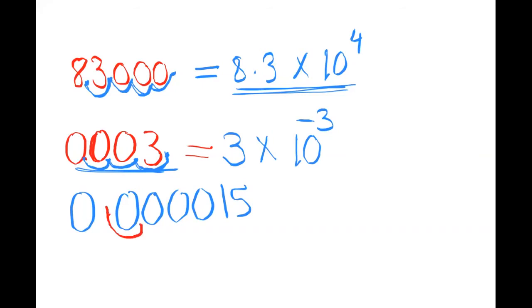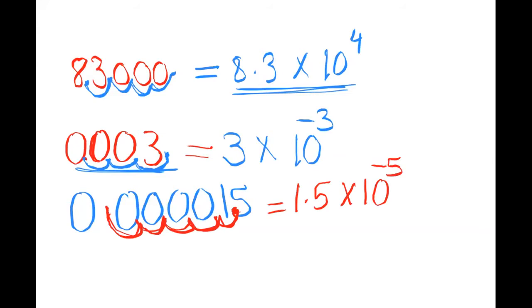So still smaller than 1, and here still smaller than 1, here still smaller than 1, and here it's 0.15, so smaller than 1, and here it's 1.5, and 1.5, sure, it's greater than 1. So 1.5 times 10 power. How many movement? 1, 2, 3, 4, and 5. So it's 10 power negative 5. Always is, if my number in decimal, the power will be in negative.